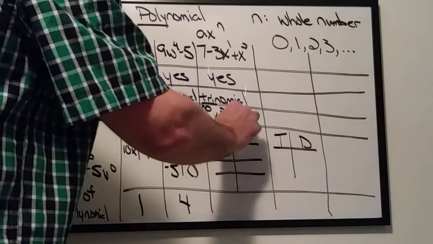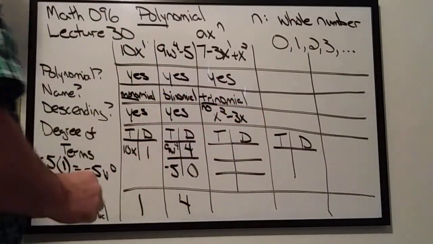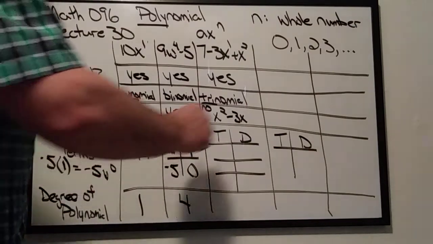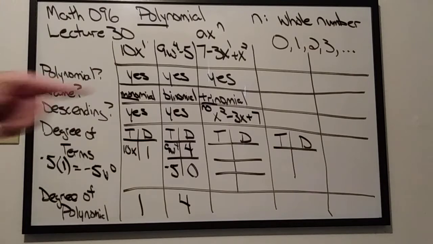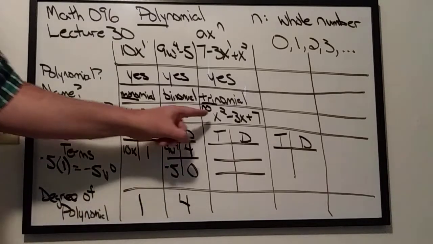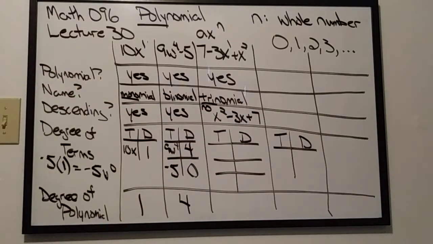So let's put that next, minus 3x to the first. And then finally, we're going to have our constant term of positive 7. So if I have something that's not written in descending order, I can move the terms around and I will be able to write it as a polynomial in descending order. So this is an equivalent version of that polynomial, x squared minus 3x plus 7, and that's in descending order.